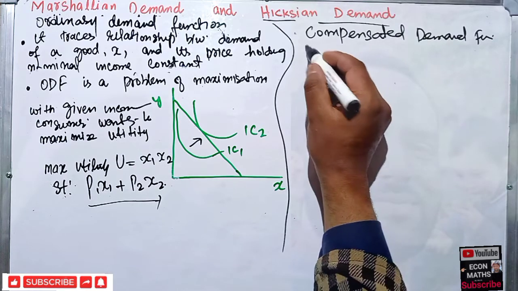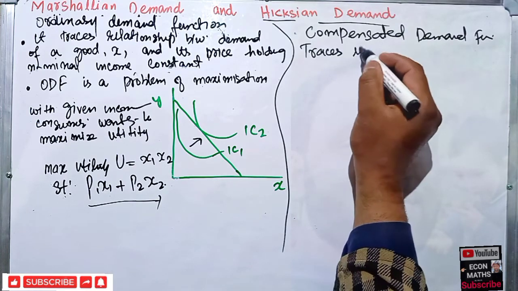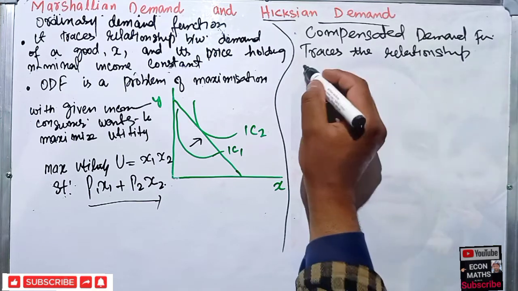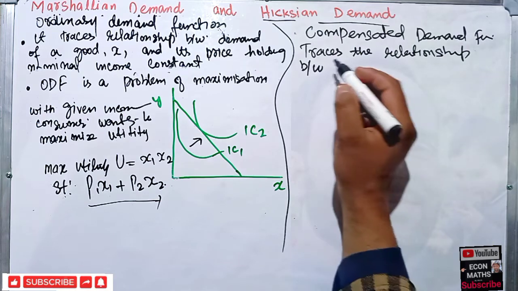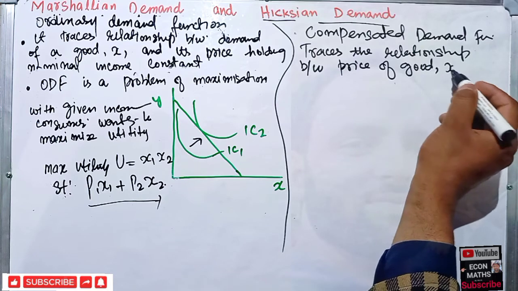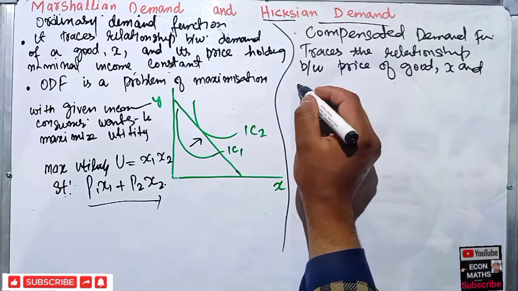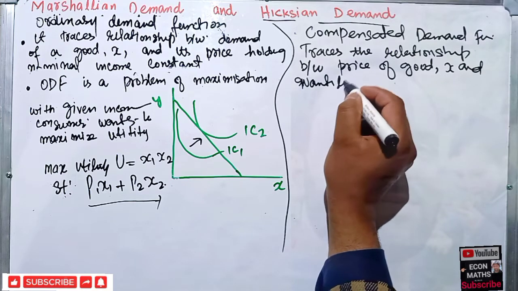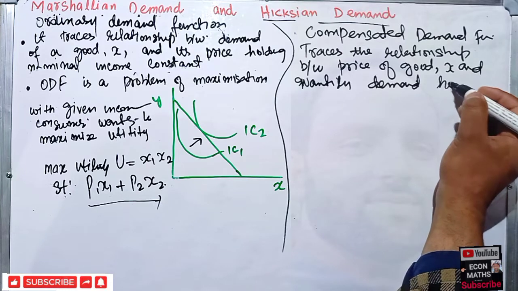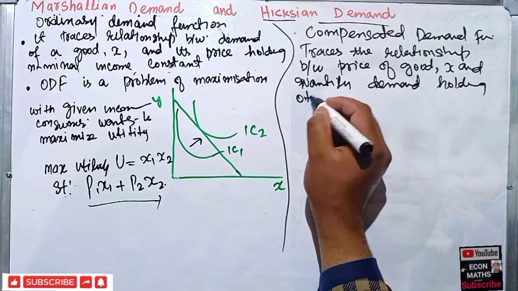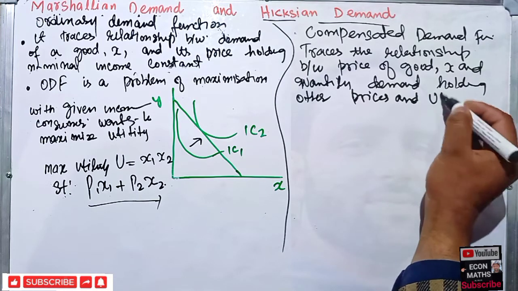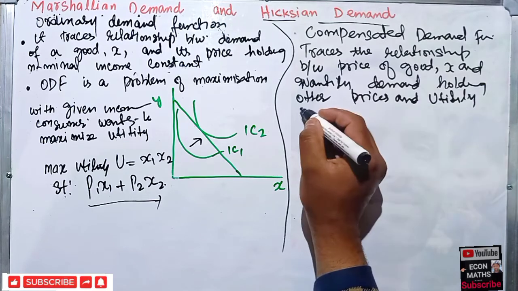Okay, so what does this tell us? It traces the relationship between the price of a good, let us say x, and quantity demanded, holding other prices and utility constant.